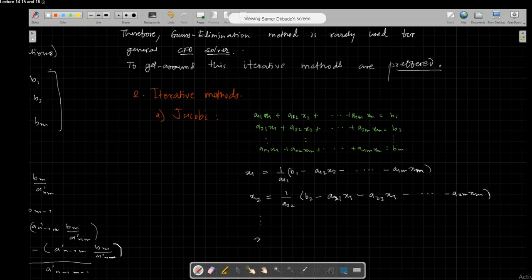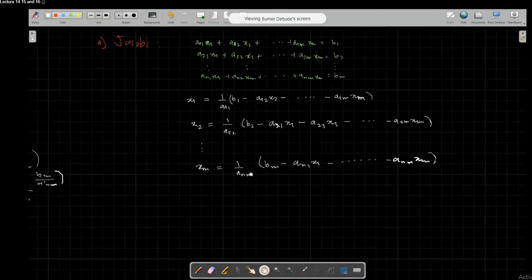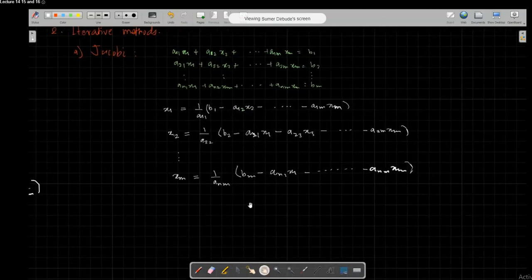Similarly, writing for xn is equal to 1 by Ann times Bn minus An1 x1 minus up to Ann-1 xn-1, like this. Okay, you can write like this.